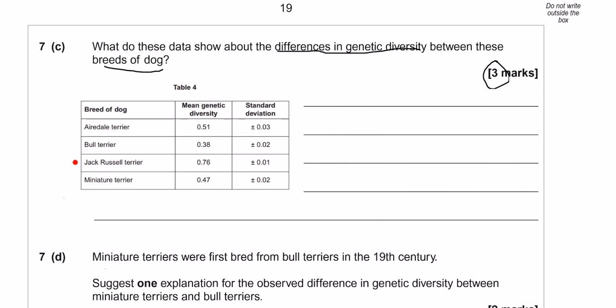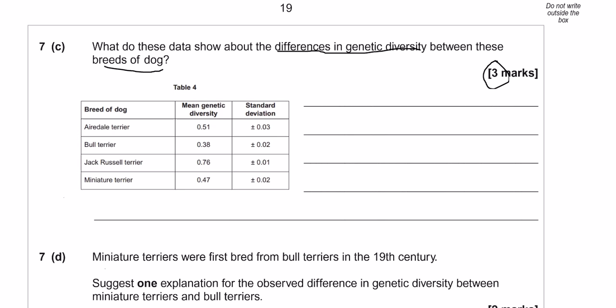You can see that basically the Jack Russell Terrier has the greatest genetic diversity, and conversely the Bull Terrier has the least genetic diversity. You could say the Bull Terrier is more inbred as well. The Miniature Terrier and the Airedale are pretty similar, aren't they?